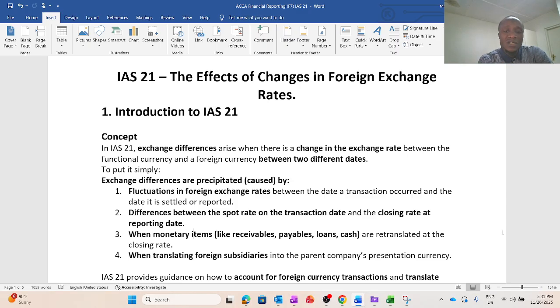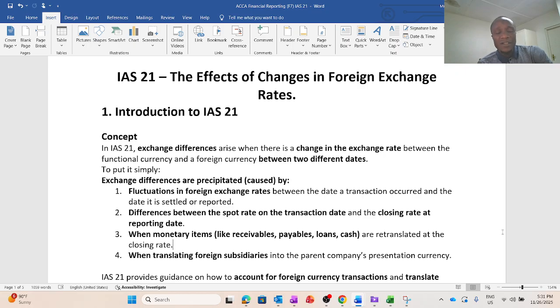We are going to understand the distinction between the spot rate, the historic rate, and the closing rate in later parts of the session. Then also, we are going to look at translating foreign subsidiaries into the parent company's presentation currency.